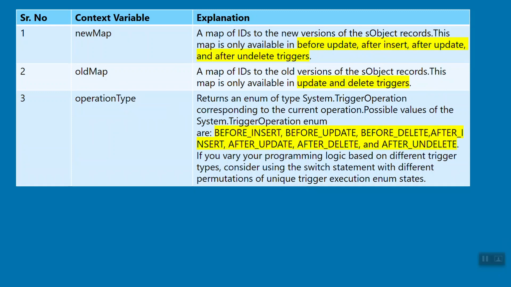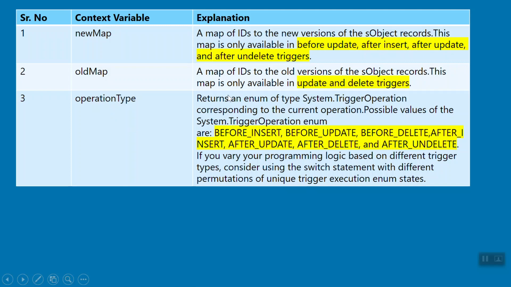And we can use the switch operation. You can use the switch keyword to call different handler methods on different events. I will explain why this particular thing came into the picture, because it was part of a recent release, and how it helps improve the trigger pattern and write the trigger in a faster way.